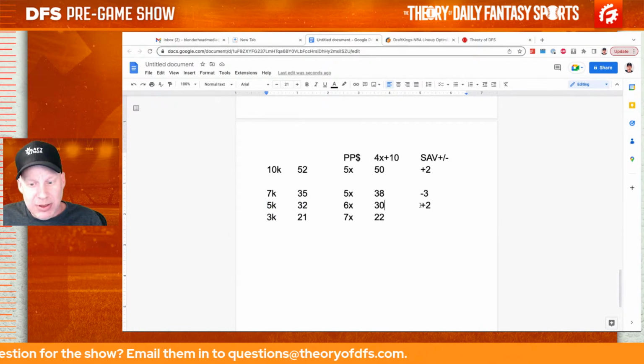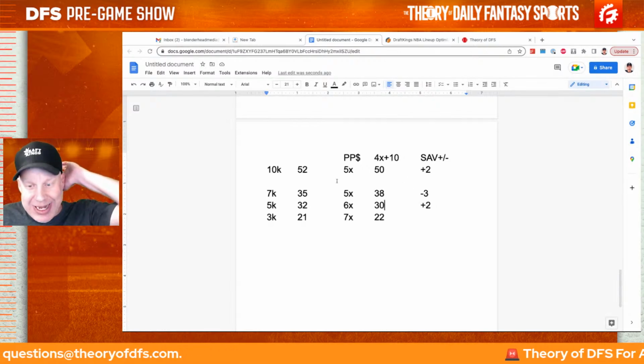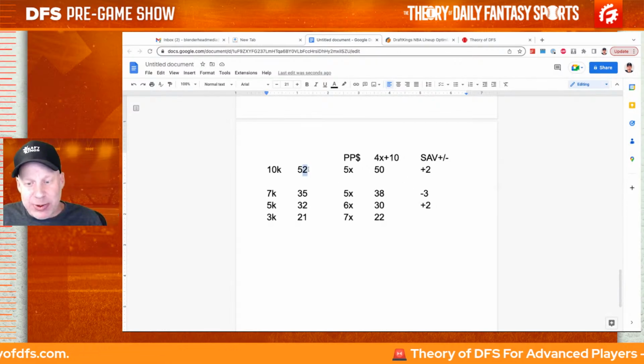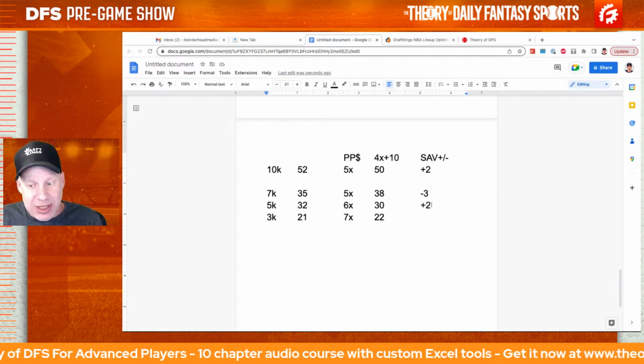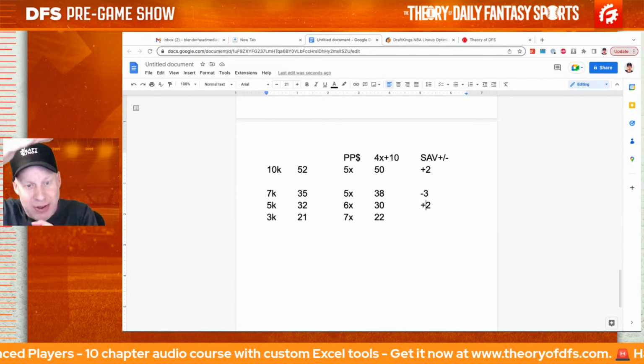right? Because percentage-wise, a 10K player that's expected to score 2 more points on average than the baseline, well, a 5K player scored 2 more points above the baseline. It's like it should be 4, you understand what I mean.